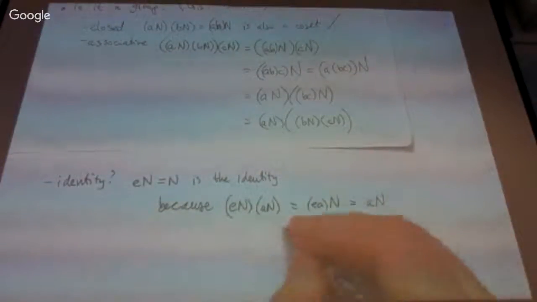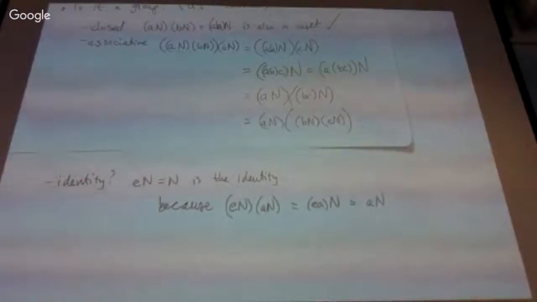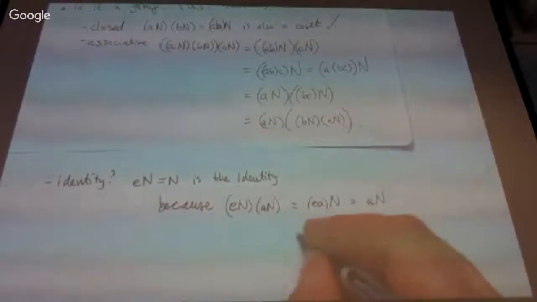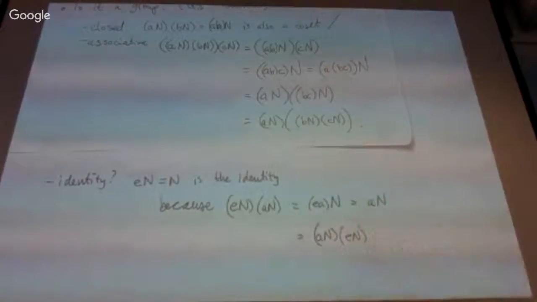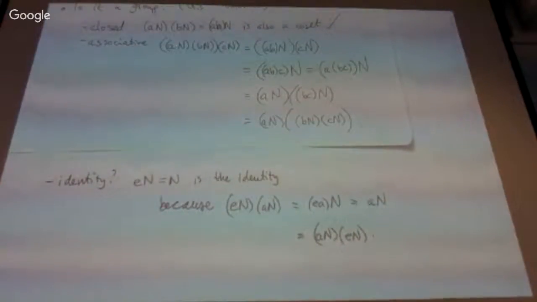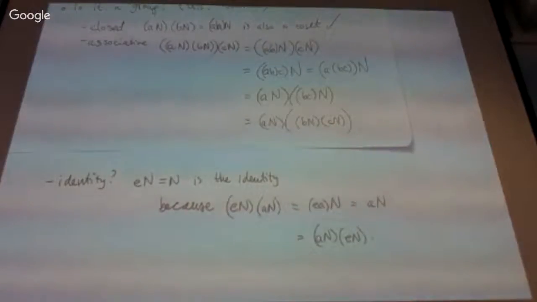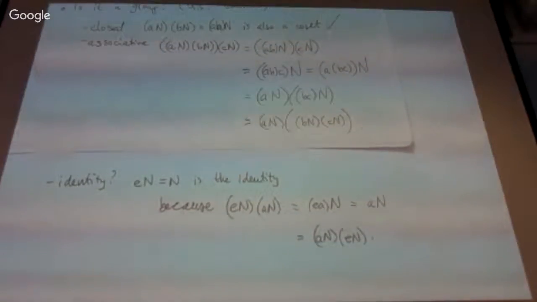And it's the same going backwards, so it's also AN. So that's the identity.